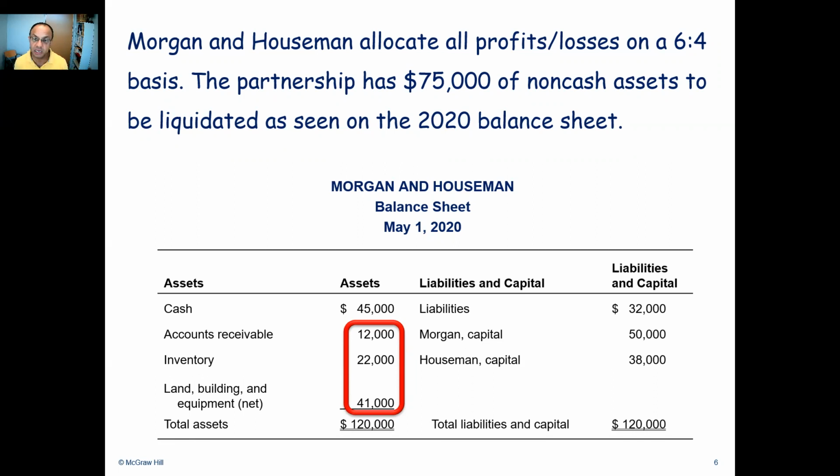Here the non-cash assets are accounts receivable, inventory, land, building, and equipment. On the other side, we have the lump sum amount of liability, which is 32, and their capital balances, 50 and 38.